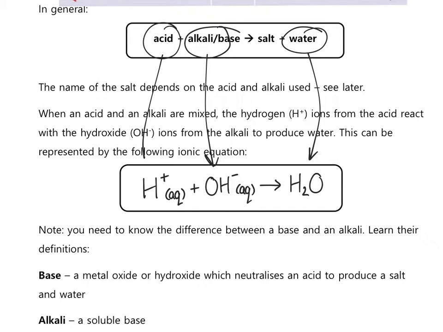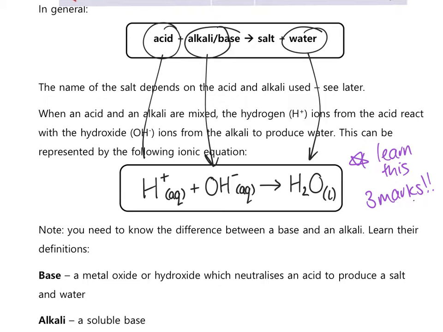And for the state symbol of water, we give it the state symbol liquid, because water is a liquid at room temperature. So the marks for this, you would get 1 mark for the left hand side, 1 mark for the right hand side, and 1 mark for your state symbols. Okay, so put a big star in it, learn this. It's worth 3 marks if it comes up.